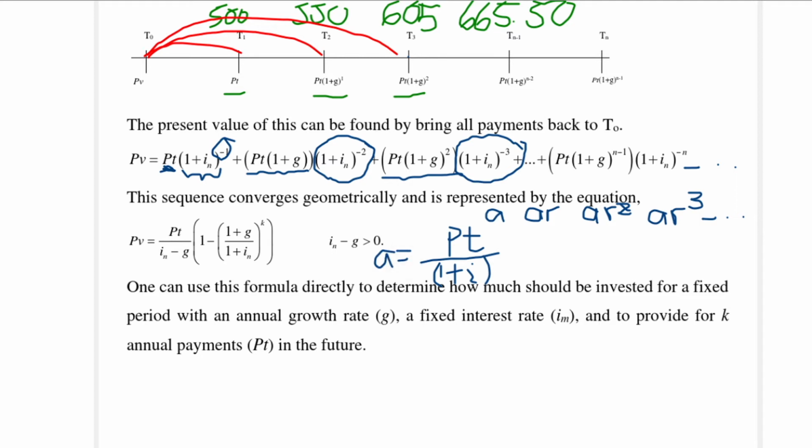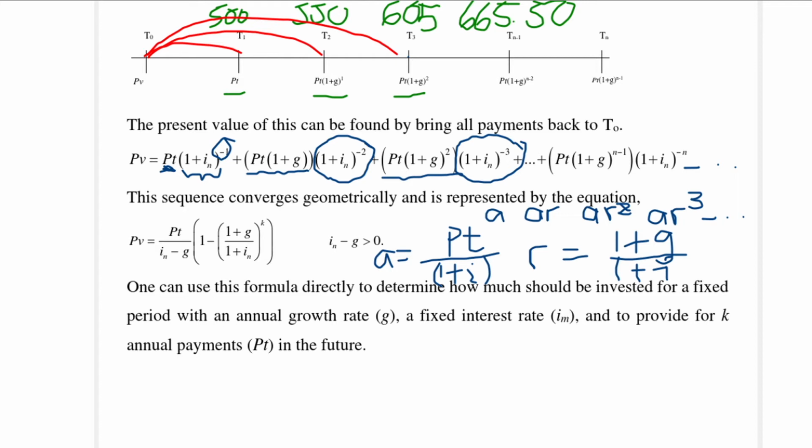And then r is the factor with which I multiplied each of the consecutive terms. So r will be equal to (1 plus g), the growth rate, divided by (1 plus i), the interest rate of my investment. So my r is (1 plus g) over (1 plus i).